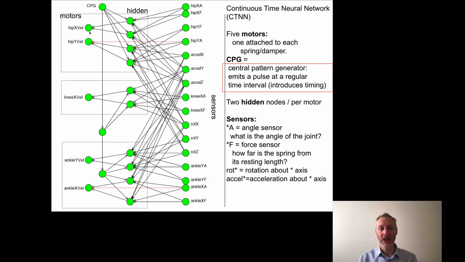Okay, let's talk a little bit about the motors here. So you'll notice that all of the 5 motors have VEL at the end. What we've been talking about when we've been talking about motors so far, we take the value arriving at a motor and we interpret that as desired angle. That's position control. There's a desired position or a desired angle that we want the joint to get to.